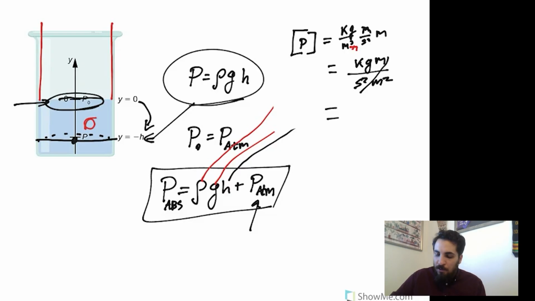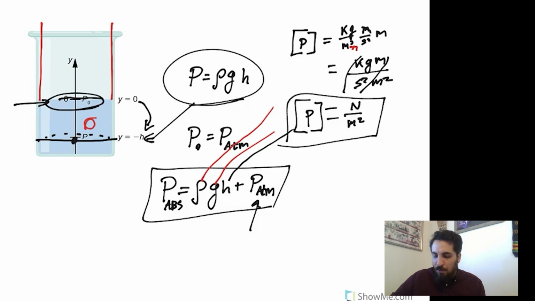Looking at this kilogram meters per second squared, we've seen that before. That is how we define the unit of Newton. So we say the unit of pressure therefore must be a Newton per meter squared. What do you know? That's a force divided by an area, as we would expect. And this is your base SI unit of pressure.